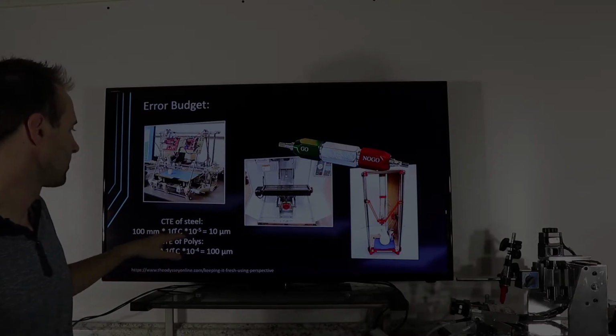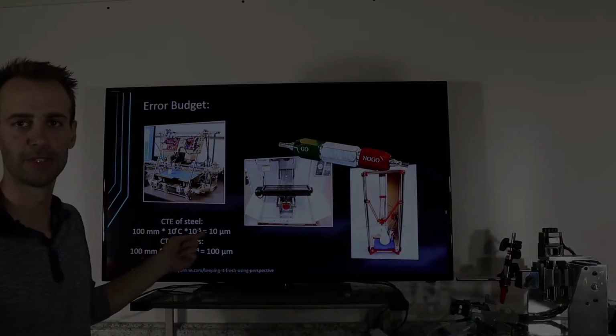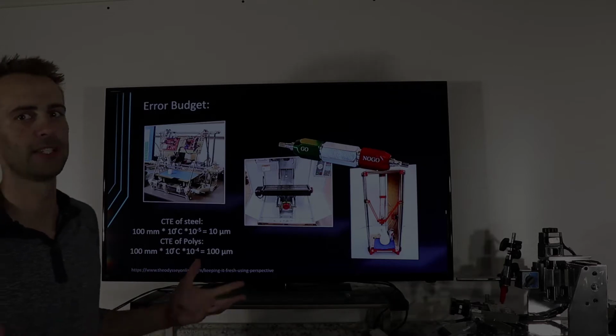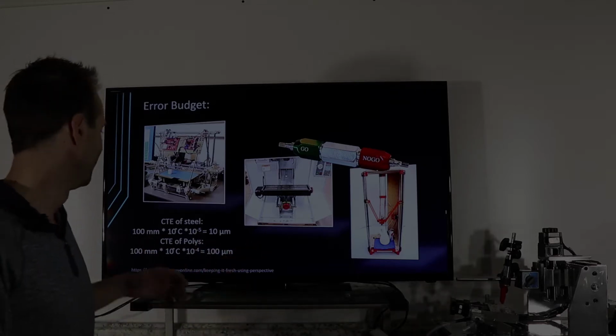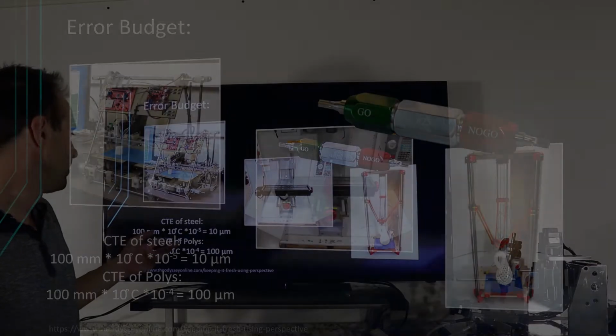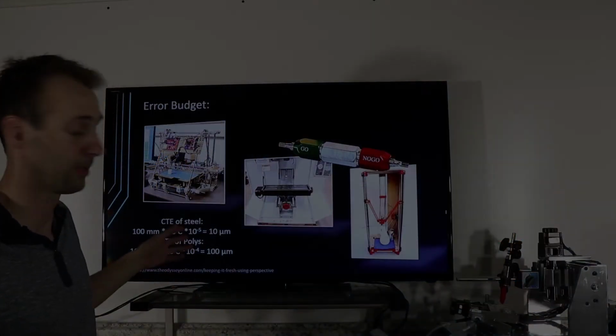So let's look at the coefficient of thermal expansion, CTE, of steel versus plastic, right? Obviously steel is going to be more stable, and that's why they make machines out of steel, okay? The equation's pretty simple: length times the temperature difference times the coefficient of expansion gives you how much that part is going to expand or contract from its original length.